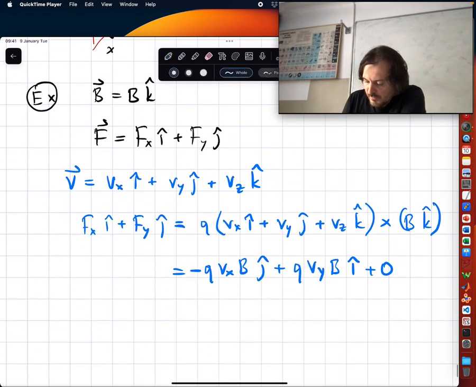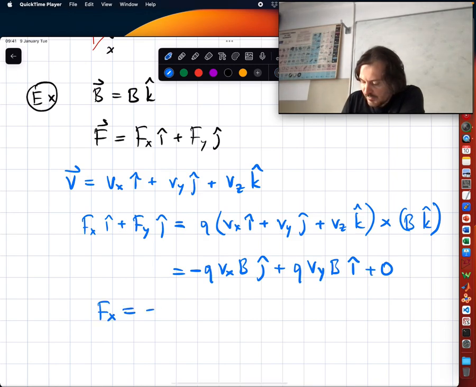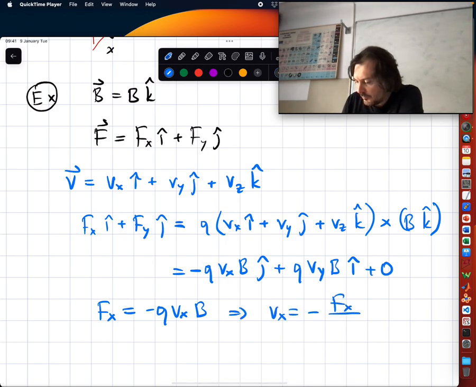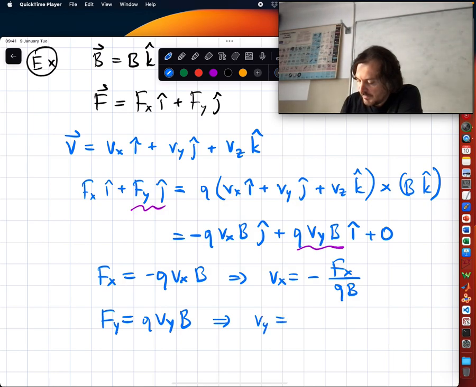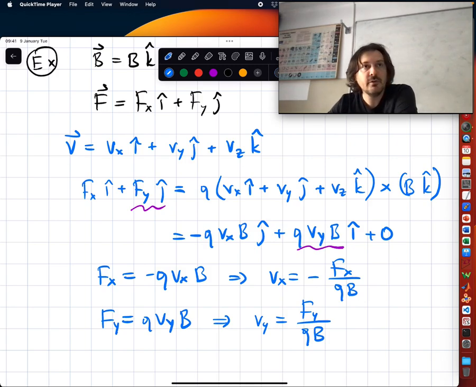So Fx is equal to Q Vy B, which tells you that Vy is Fx over QB. And Fy is minus Q Vx B. We are basically matching the same values here. Hence, Vx is minus Fy over QB.